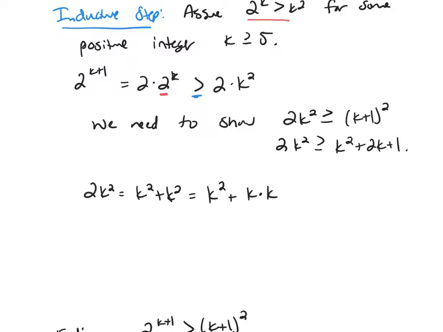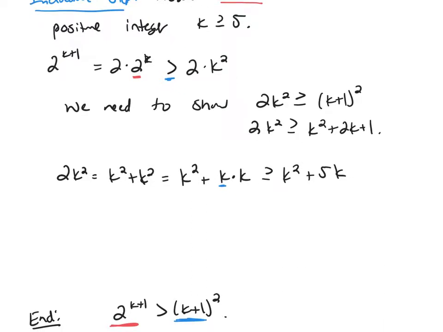So I'm going to substitute in for this k. This is greater than or equal to k squared plus 5k. That's because, since k is at least 5.